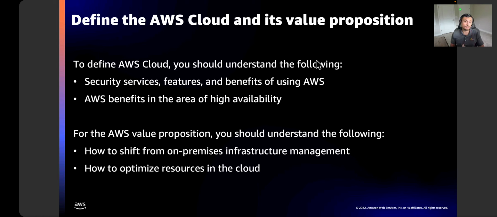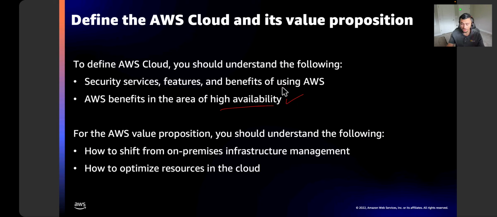So trying to implement the level of security that you can achieve in AWS would be virtually impossible if we were doing everything on premises. That's one of the value propositions of the cloud, as well as benefits related to high availability. So making sure that our applications can remain available, even though there was some kind of node level failure. We want to still deliver low latency and high quality experiences and remain available at all times, right?